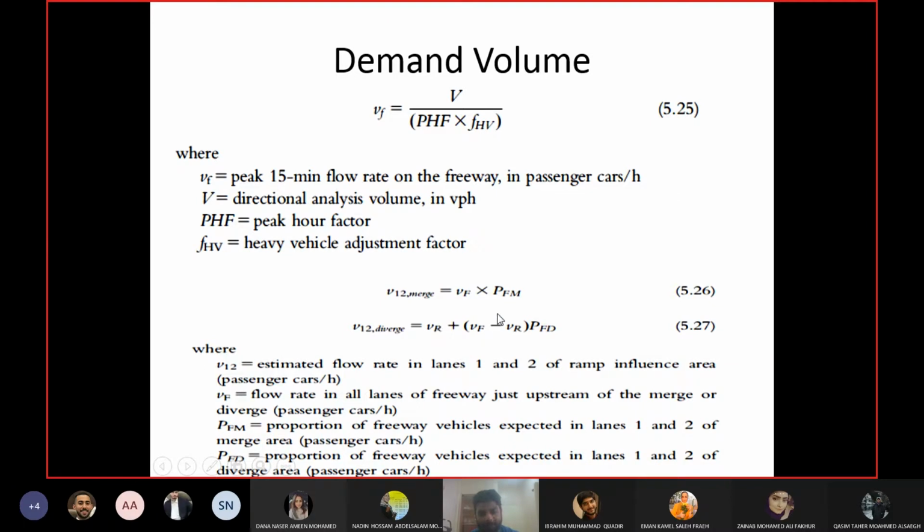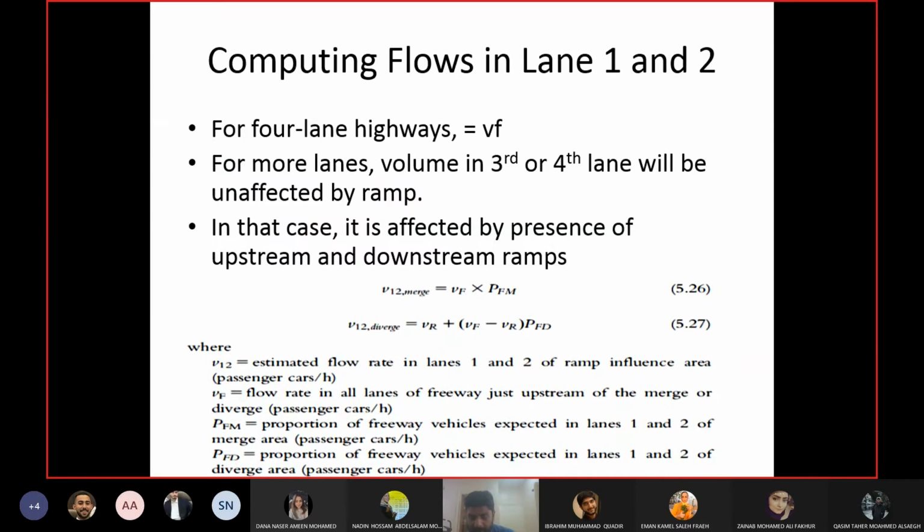So whatever is remaining, then from that remaining, how much is the proportion in the adjacent lanes? Okay, and again in both cases you are considering two adjacent lanes to have the turbulence because of the ramp. The third or the fourth lane are unaffected, as you can see here. They are saying the third or the fourth lane are unaffected by the ramp.